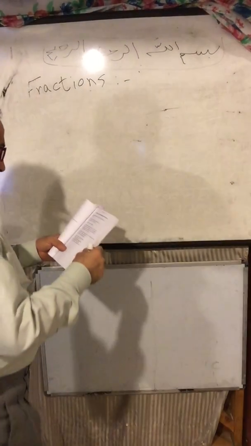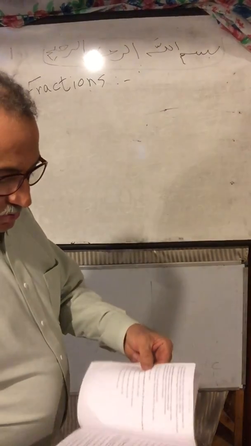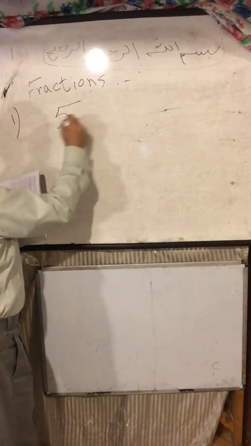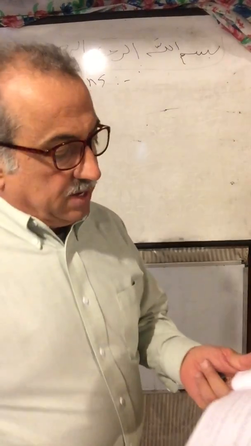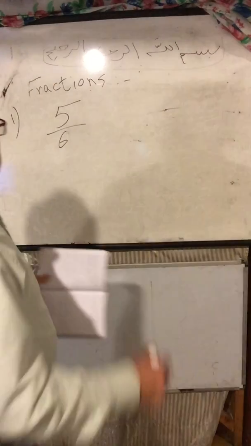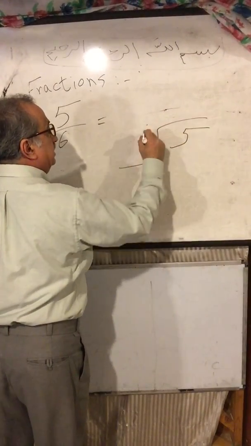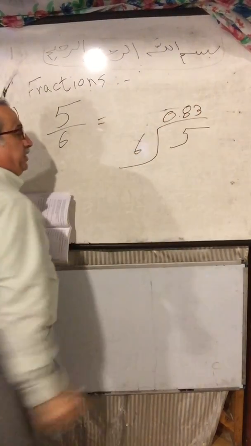Let's say we have, first step, this fraction, 5 by 6. 5 divided by 6 equals 0.83.